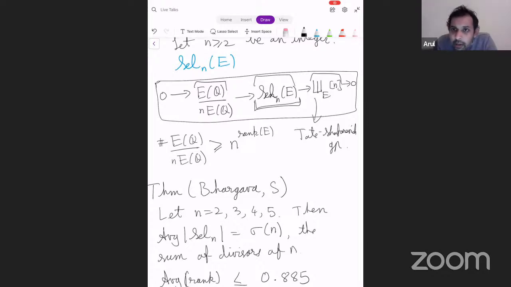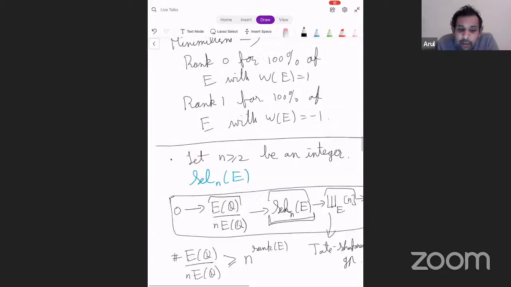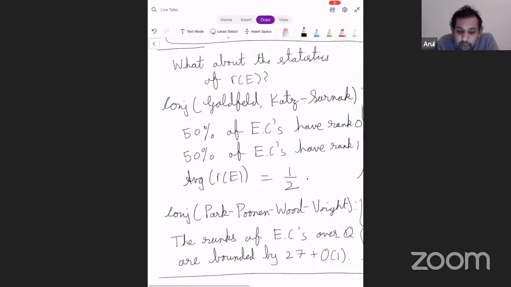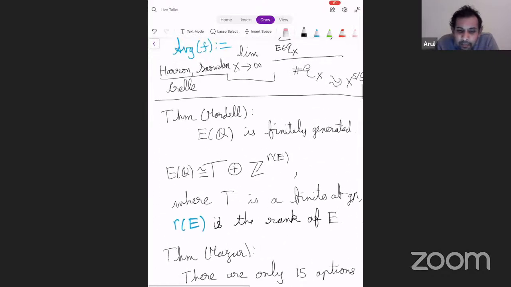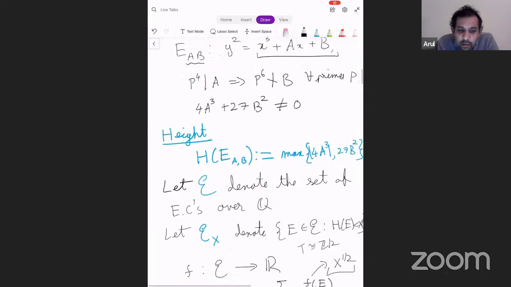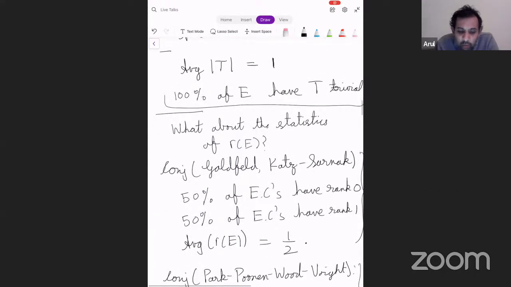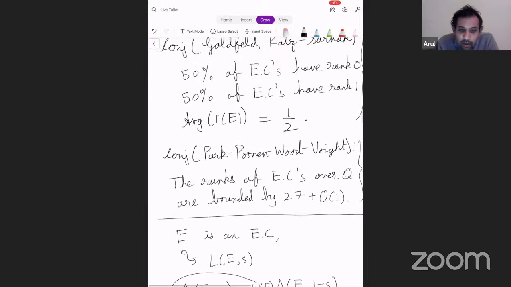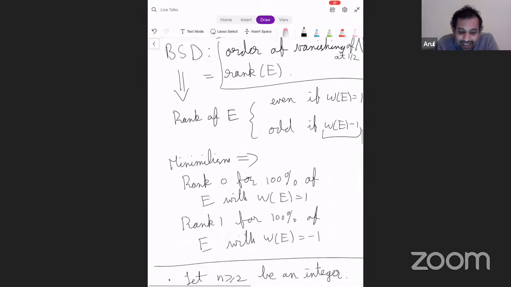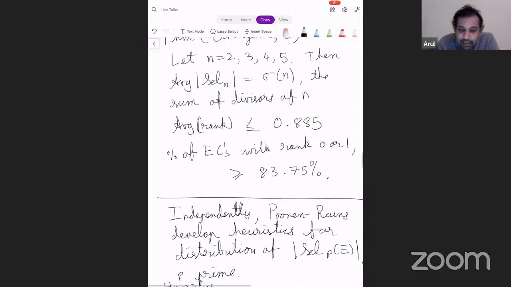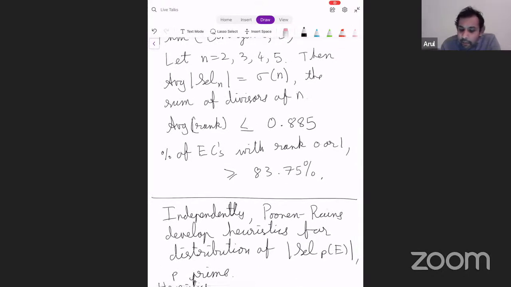One thing that Manjul and I proved is that the percentage of elliptic curves with rank 0 or 1 is quite large.